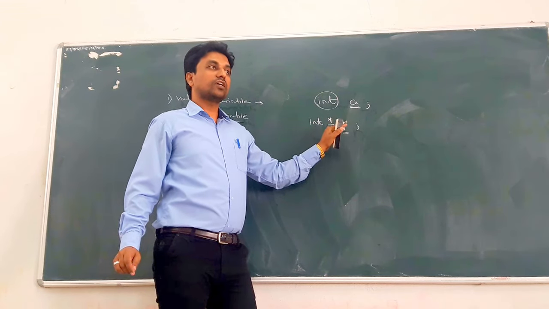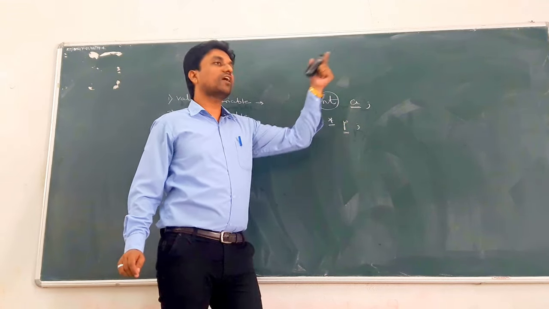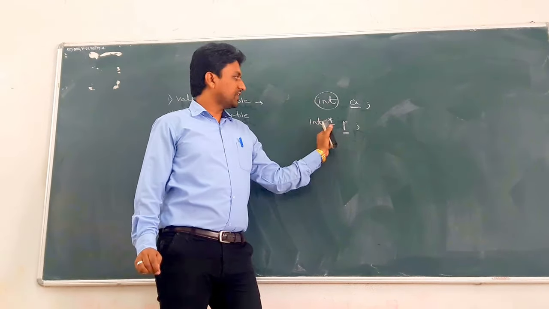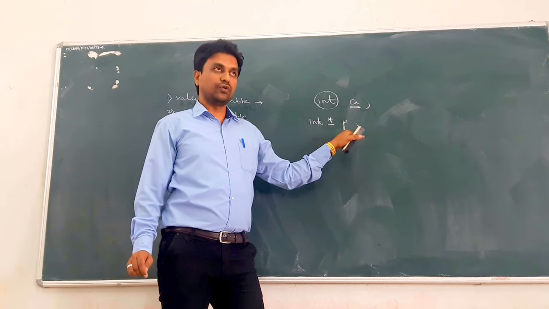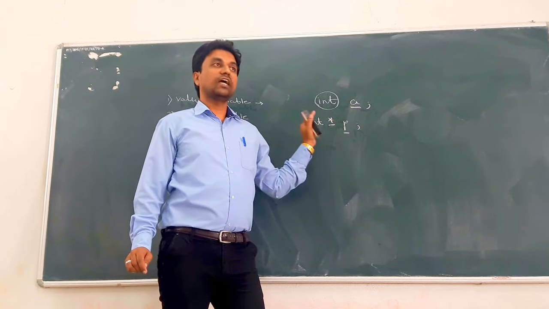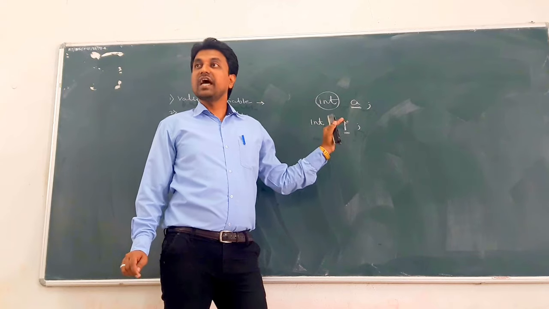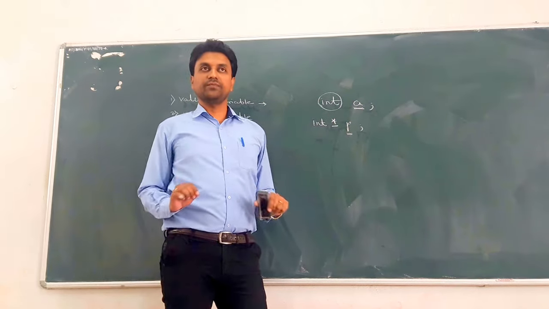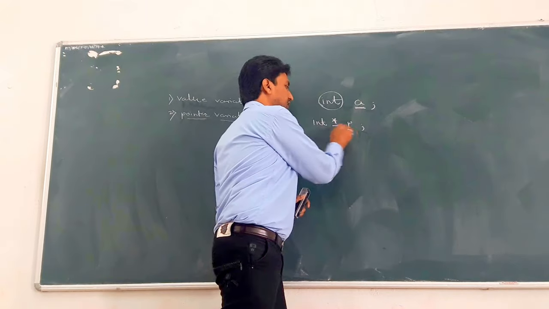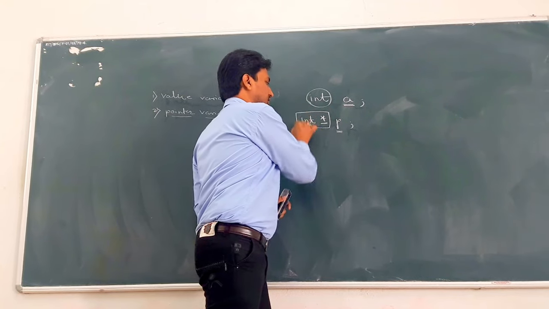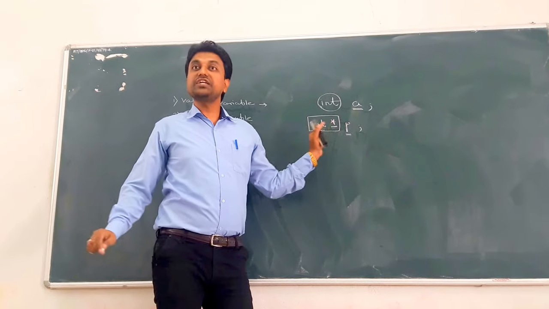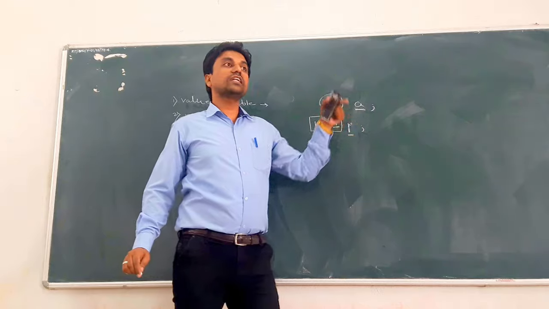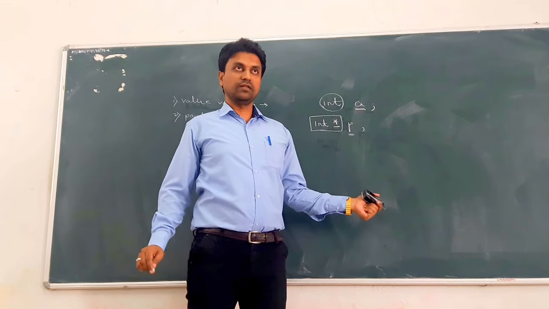So what is the use of pointer variables? A pointer variable stores the address of another value variable. It does not store any value, and a pointer variable always stores the address of another value variable of the same type. If p is of type integer pointer, p stores the address of another integer value variable.